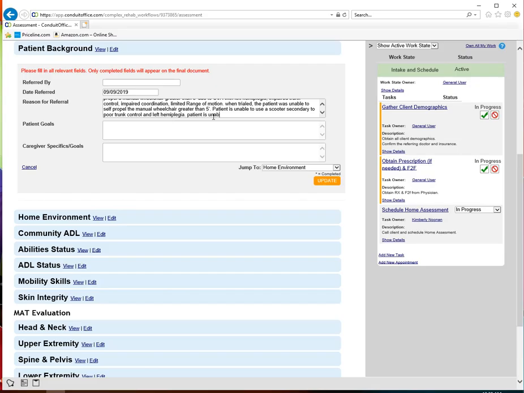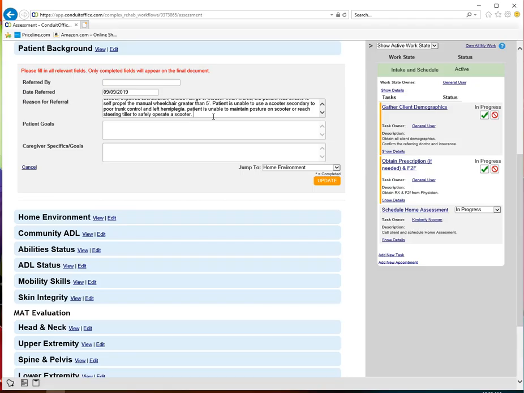Patient is unable to maintain posture on scooter or reach steering tiller to safely operate a scooter. So we now went ahead and eliminated our scooter.